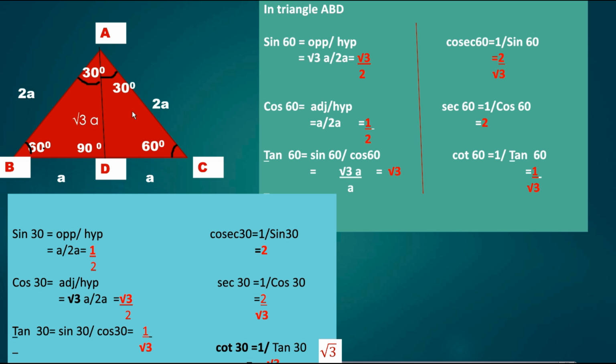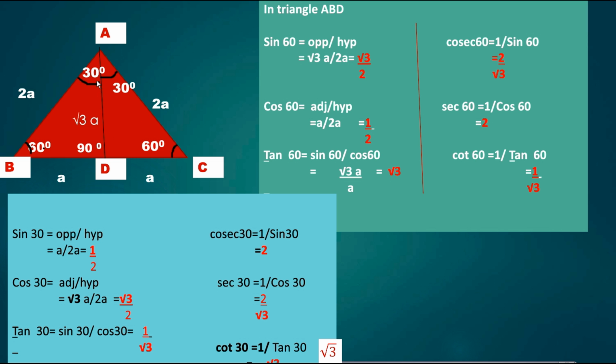From the same triangle we can find out trigonometric ratios for 30 degrees also. Here it is 30 degrees. So sin 30 is again opposite by hypotenuse. Here opposite A, hypotenuse 2A, A by 2A, 1 by 2.